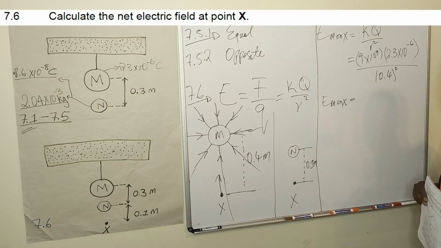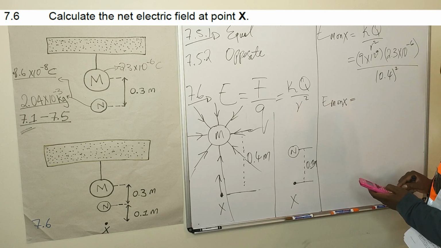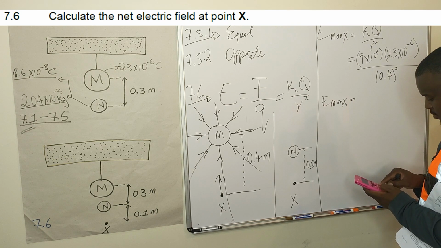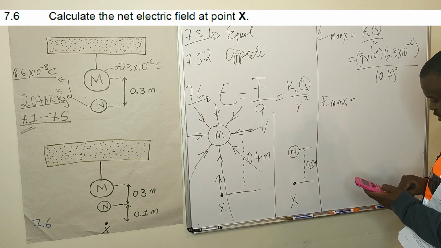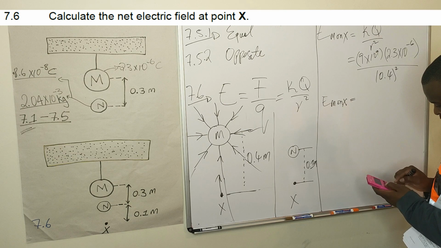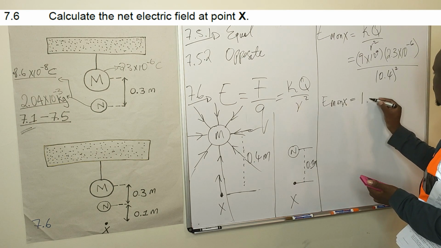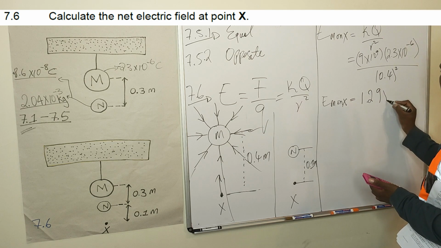So let's do that. We say 9 times 10 to the 9 times 2.3 times 10 to the minus 6 over 0.4 squared. So we have 1.29 times 10 to the 5.